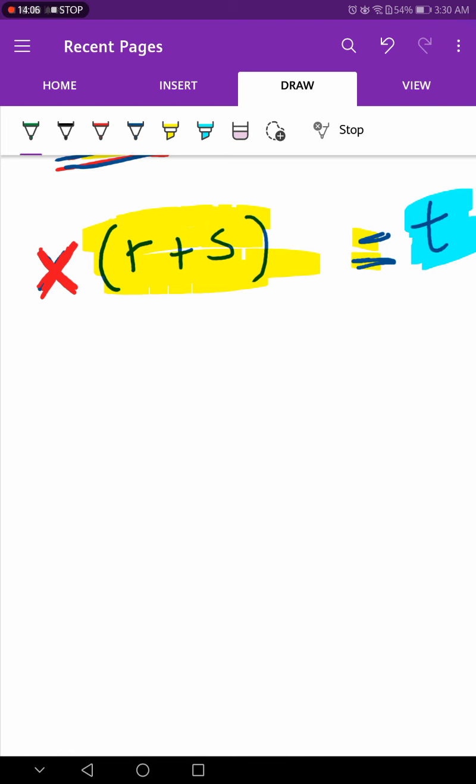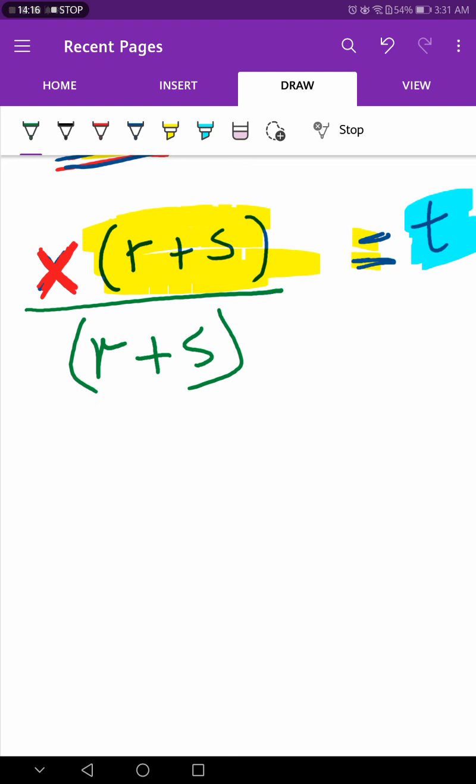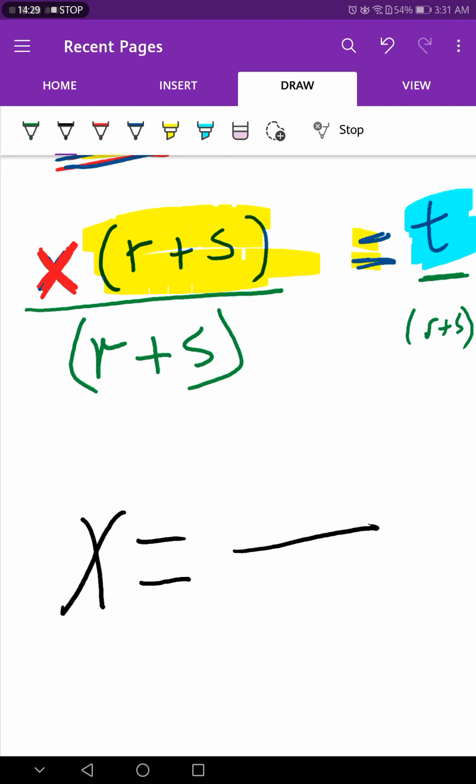So every time we divide by the coefficient of the variable. Okay, so divide the left side by r plus s and divide the right side by r plus s. So the x comes down happy and waiting there. What happened on the right side? It is t over r plus s.